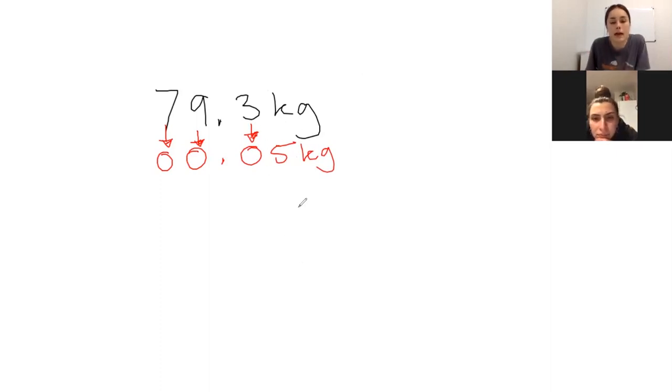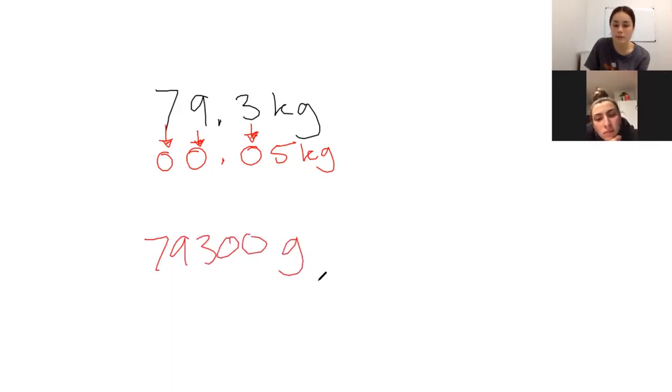And so like we know that this 3 is in the hundreds place. I think we were talking about that before. If it's like 79300 grams, that 3 is in the hundreds place. Is that cool? Yeah.